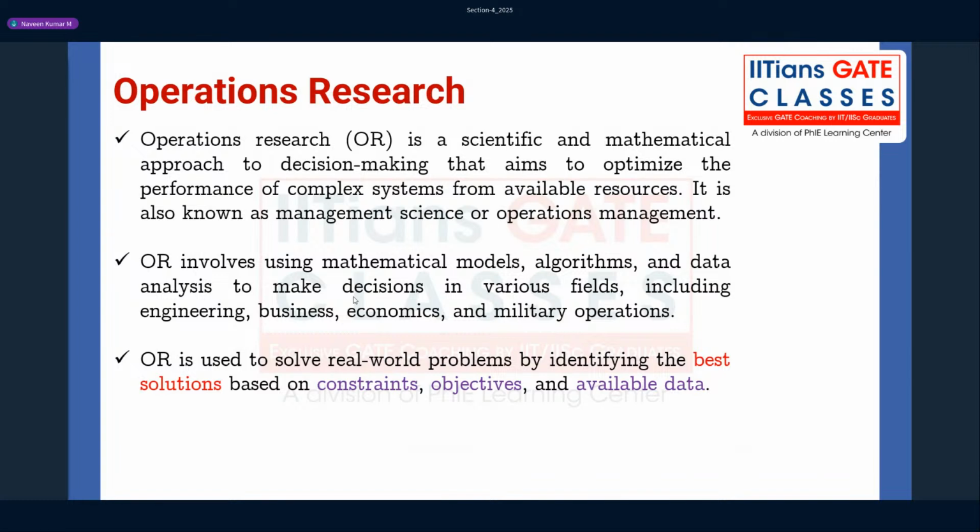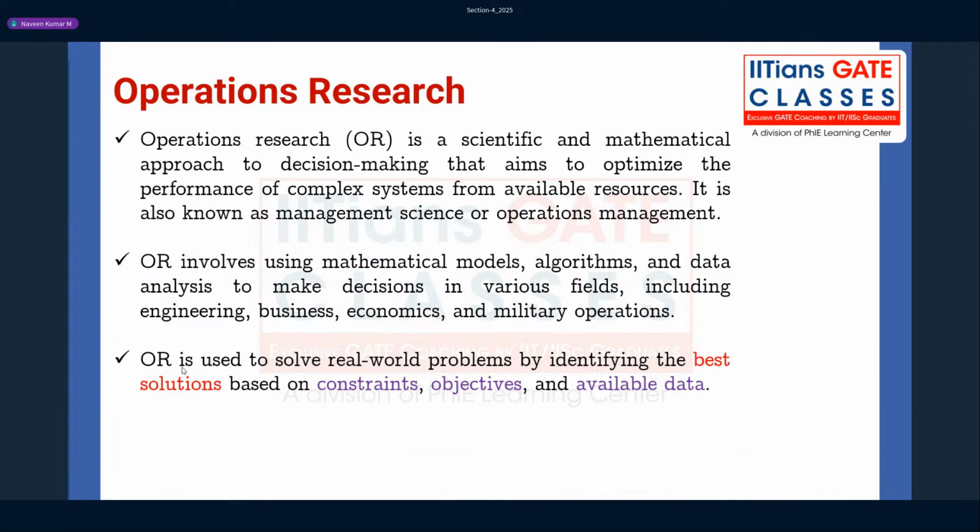In AI, if you go deep, with machine learning, deep learning, whatever things are coming up these days, the background is all about optimization. We use this in engineering, business, economics, military operations, etc. But here, we are using it in engineering, in the mechanical engineering and manufacturing sector, especially.